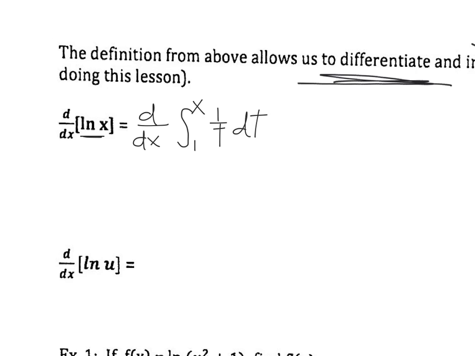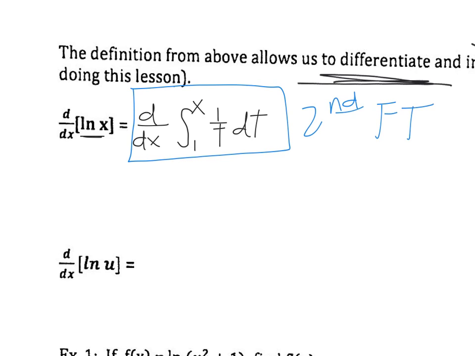This, right here, should look very, very familiar to you. This is, in fact, the second fundamental theorem of calculus. Do you remember those problems where you had this x right here, and it said, what is the derivative of this integral? It's probably the easiest problems you guys have done on any calculus assignment all year, when you just take the x and plug it in for that t, plug it in for that variable. And essentially, that's what's going to happen right here.